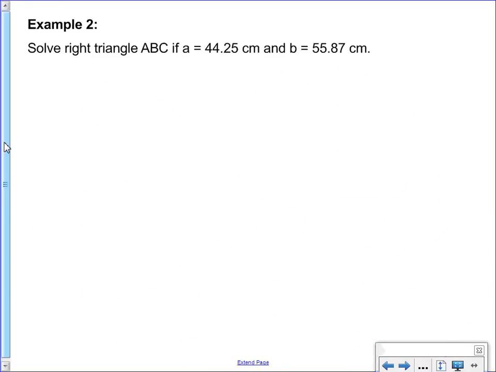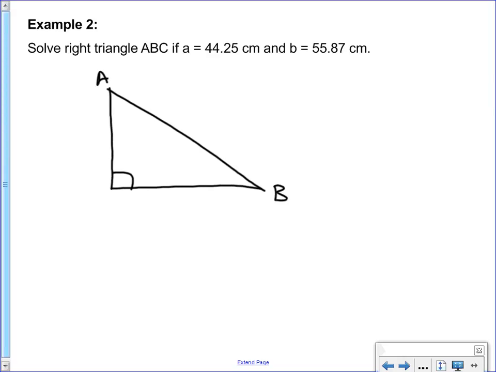A, B, C. It's easiest. Baby A is across from big A, so we know this is 44.25.